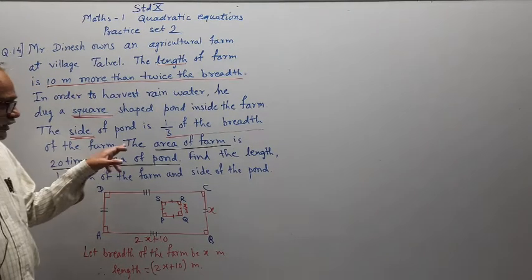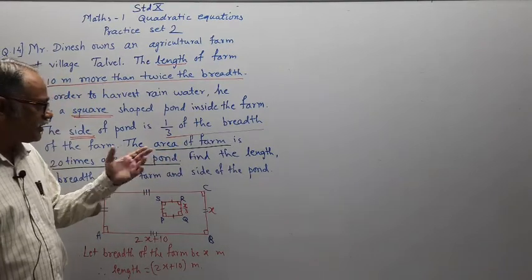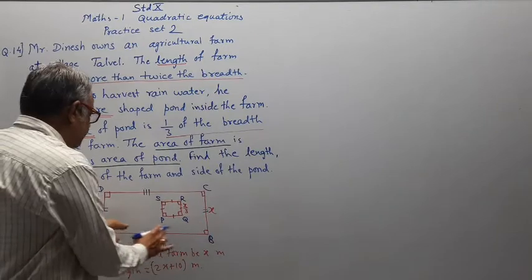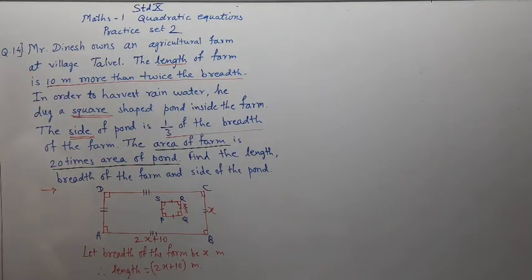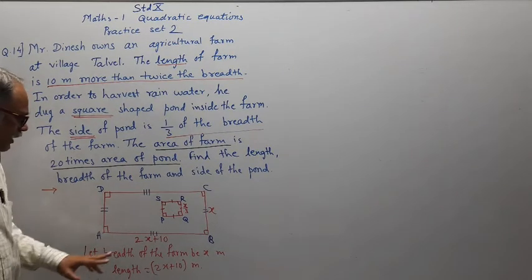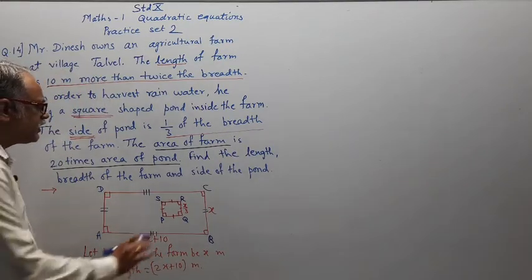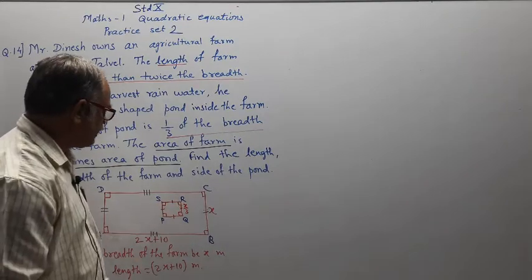Further, the last information by which we will get the quadratic equation: the area of the complete farm is 20 times the area of the pond. Now I have drawn the figure. I have written breadth of the farm x, length 2x plus 10, side of the square x by 3 meter.